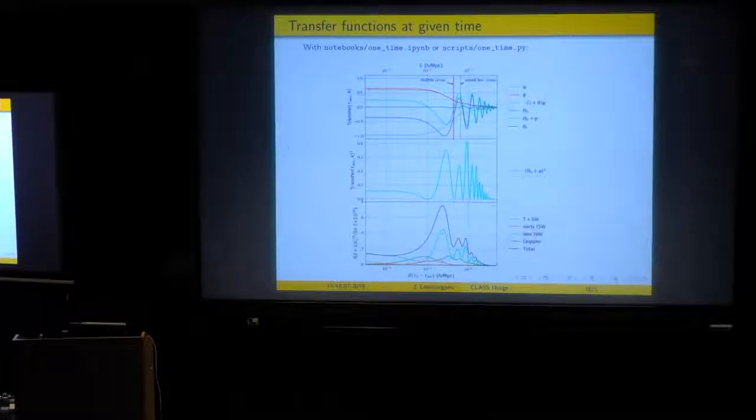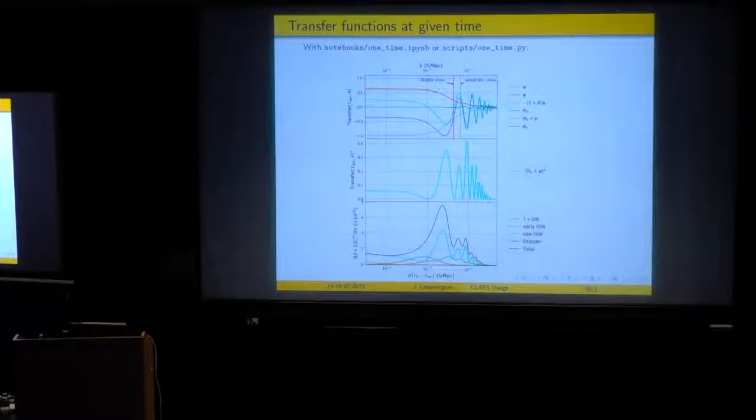The logic of this plot was to choose a time, here the time of photon decoupling, and at this time show the amplitude of the transfer function for many components. So the time is fixed to tau decoupling, and we show the transfer function as a function of the wave number k. Let's comment only on the first plot, in which we have all these transfer functions for different quantities.